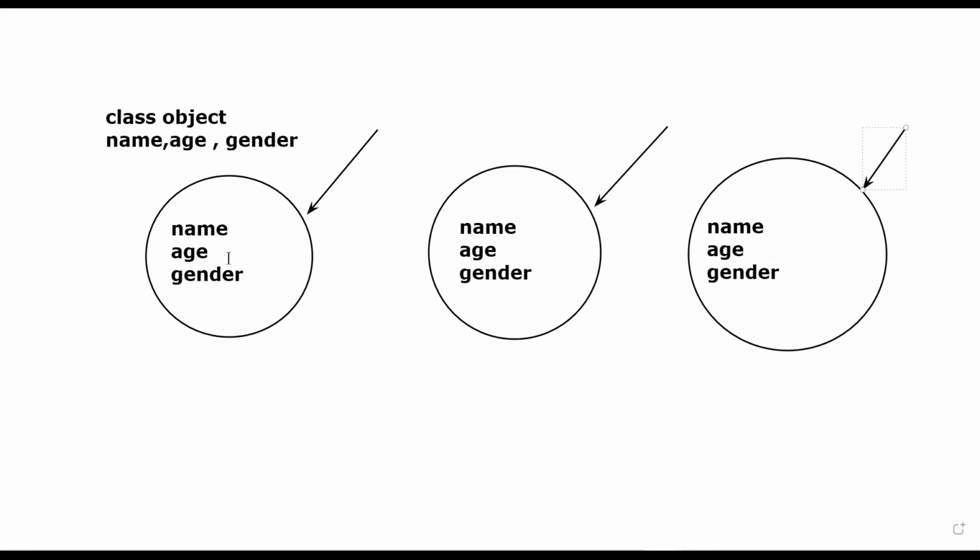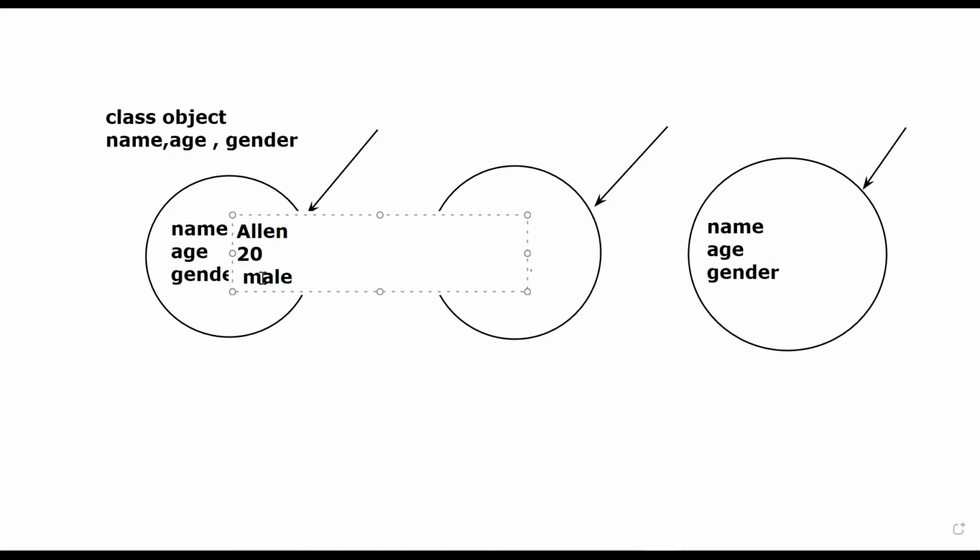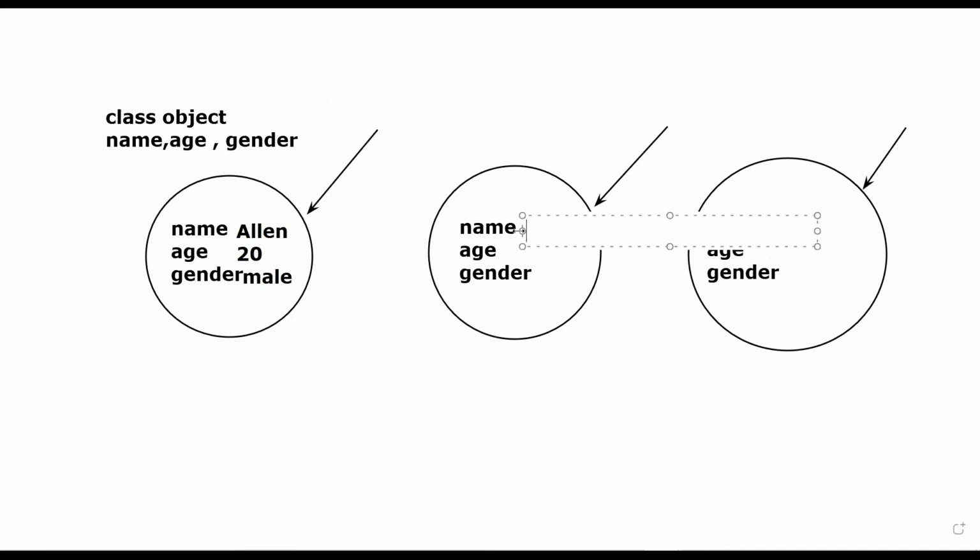So I can simply write, okay, name is Alan, age is 20, gender is male. Here I can write, okay, name is Dora, age is 30, and gender is female.